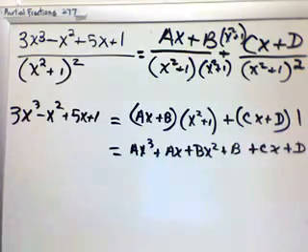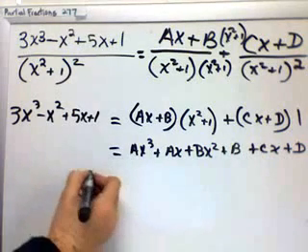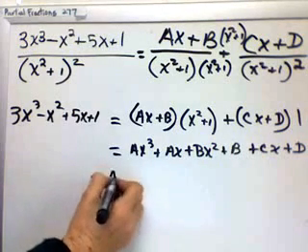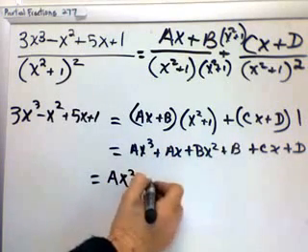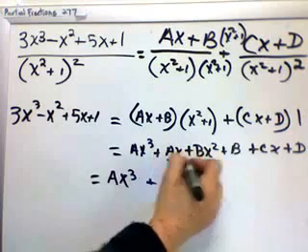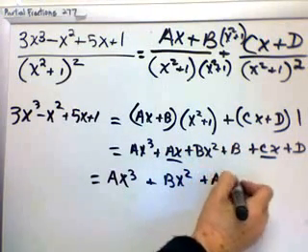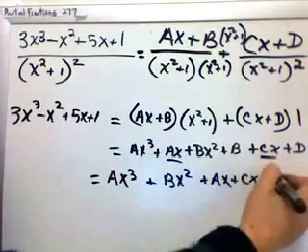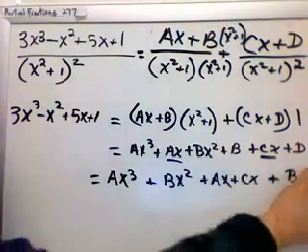All right, I did all the multiplying. Now I'm going to group by exponent. The first exponent that I have is ax to the third. Then I'm going to do my x squareds. I only have one of those, so bx squared. Then I'll do my x terms. Oh, I've got two of those, so ax plus cx, plus then my constant terms, b and d.